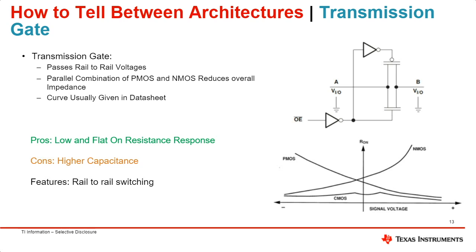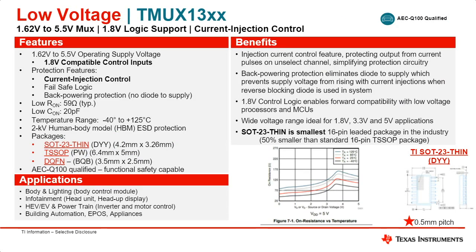The capacitance of the device is higher, and it's also able to do rail-to-rail switching. The TMUX13XX is an example of a device that has the transmission gate architecture. And as you can see in the graph right here, taken from the data sheet of the device, the R-on curve of the device is flat.